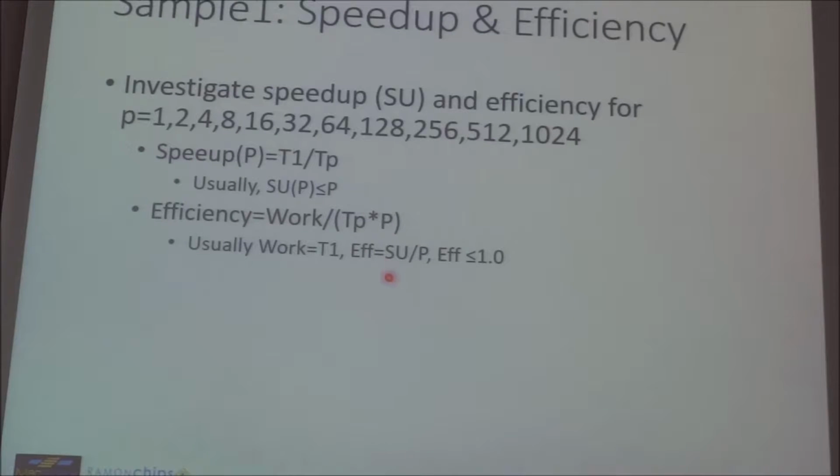So, efficiency is speed up divided by P, because if I replace work by T1, I have T1 divided by Tp times P. But T1 divided by Tp is always speed up, so I only have to add P in the denominator, speed up divided by P. And the efficiency is less than 1. If I get efficiency bigger than 1, look for the bug. So that's very simple.